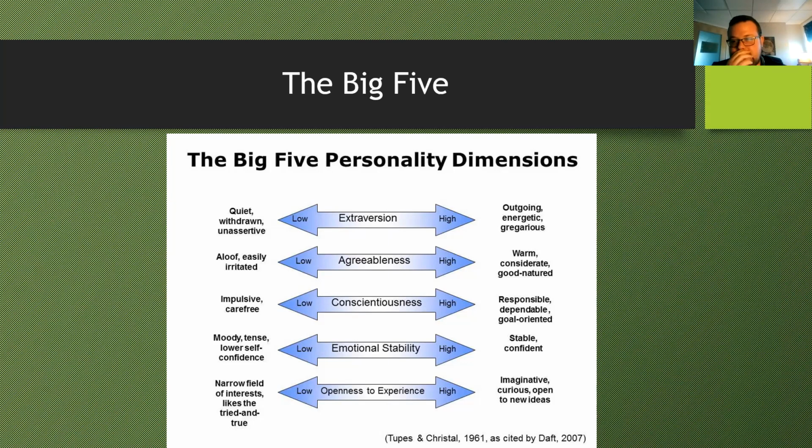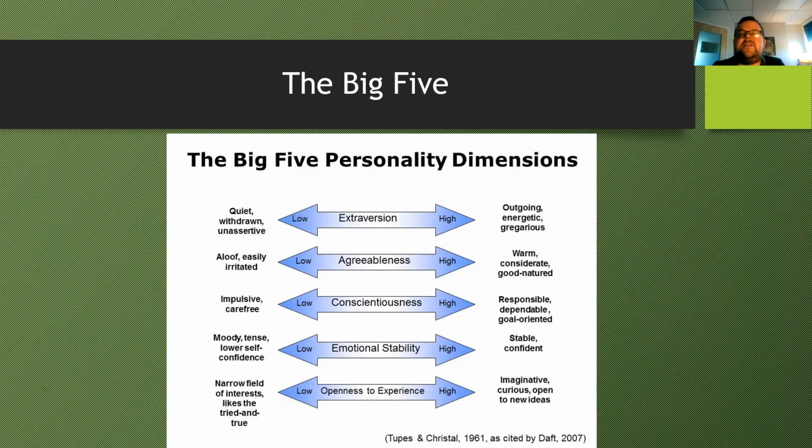You'll see this a lot in business literature and even career development: there's an emphasis on giving jobs or opportunities to individuals who score high in the Big Five because they're more likely to be successful.